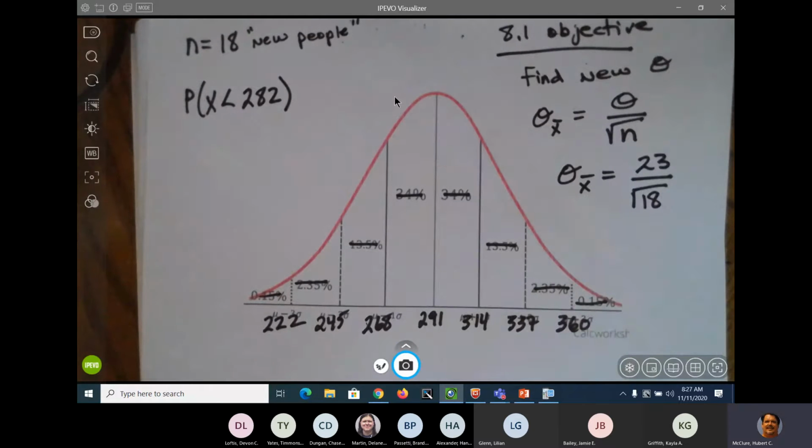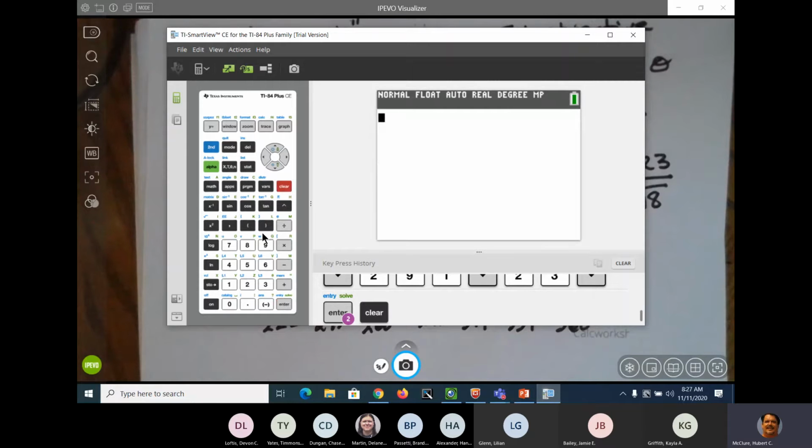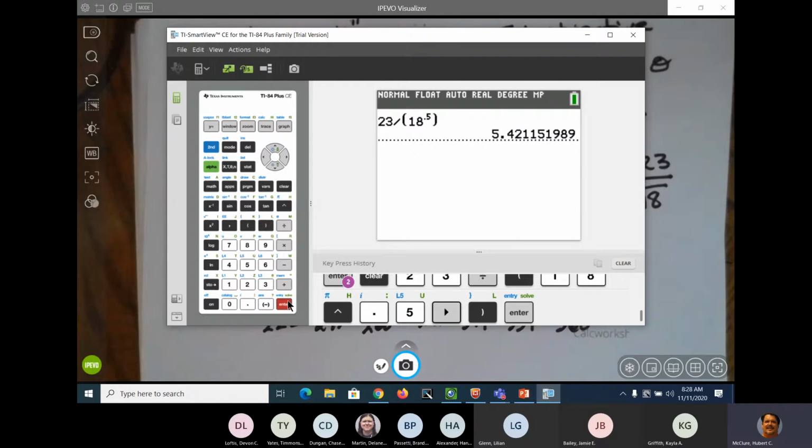So I'm going to go over to my handy dandy calculator and I'm going to do 23 divided by parentheses 18 raised to the 0.5 power, close parentheses. And if you use 1/2 or you use the square root symbol, you're going to get the same answer.